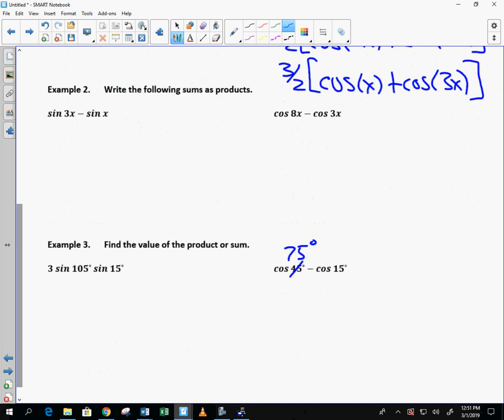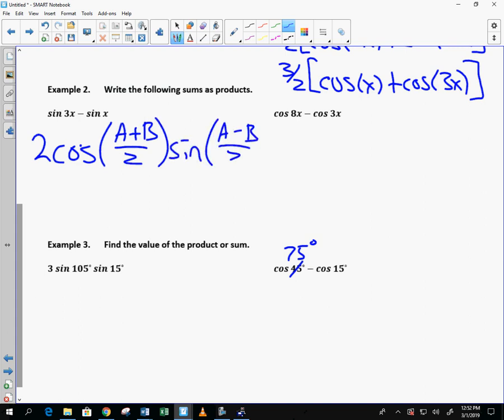Not too bad, huh? What if we had to do sums to products? Sine minus sine. I look at my sheet. Sine minus sine. Looks like I got 2 cosine sine. 2 cosine of a plus b over 2 times sine of a minus b over 2.